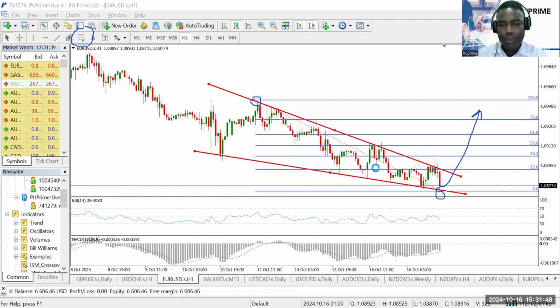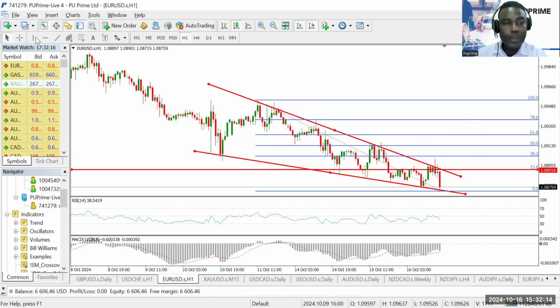Now, two ways. You can either wait for your price to break out above the upper trend line, then you take your entry. That's one way. Another way is that you can set a pending order using the nearest Fibonacci level, which is Fibonacci 23.6. In this case, you can set a buy stop order on Fibonacci 23.6.